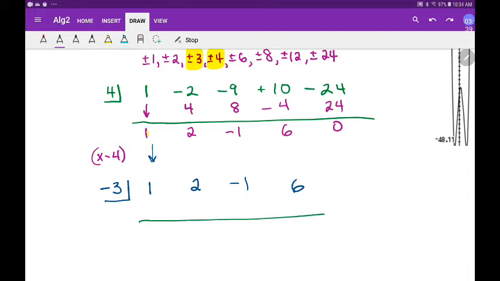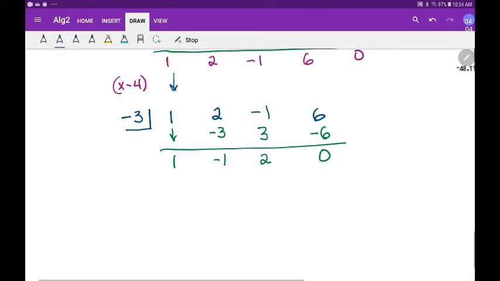And let's see. I bring down the 1 times -3. So that's -3. Combine 2 and -3 and I get -1. -3 times -1 is +3. -1 plus 3 is +2. -3 times +2 is -6, and I get 0. Now I'm all set.